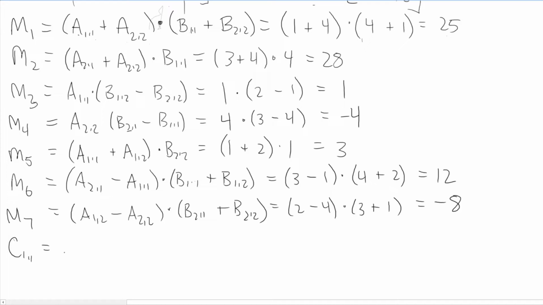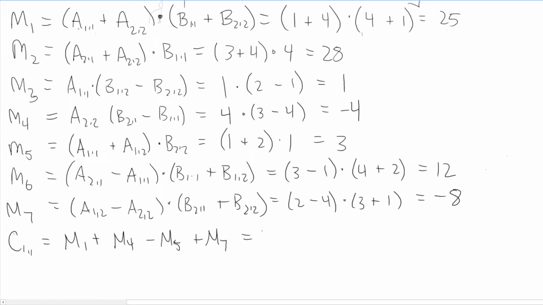The first one I want to look up here is C11, and it says if we take M1 plus M4, and then we minus off M5, and then we add on M7, we should get C11. All right, let's calculate that. M1 looks like 25. Then it says add on M4.